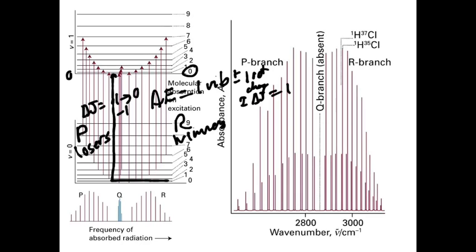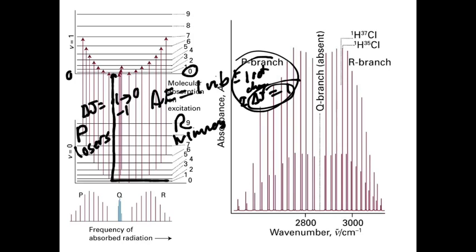So it could be a little bit more than a vibration, or it could be a little bit less than a vibration. But the delta J of 1 differs depending on which J you start from, as we saw before with the rotational spectrum.